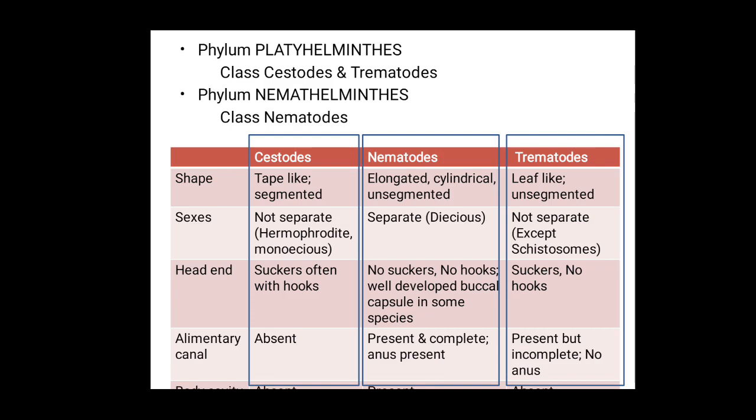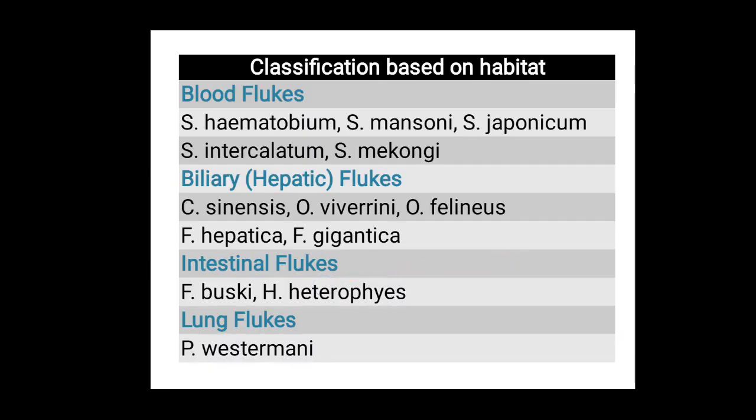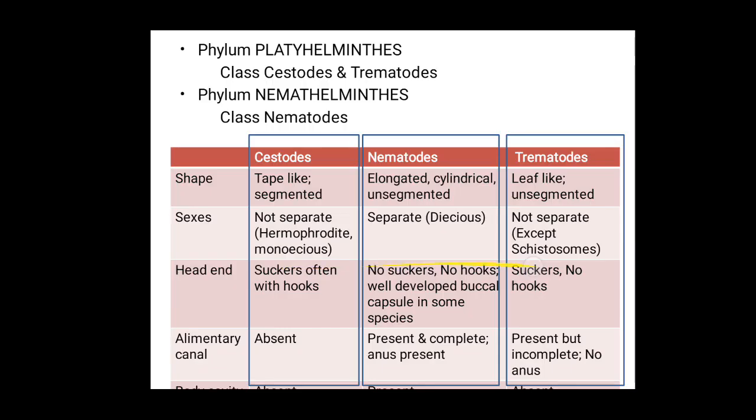They have suckers, hooks are not there, like in the case of Taenia. The alimentary canal is present but incomplete, meaning that anus is not there, and body cavity is not there in the case of the trematodes. So this is about the cestodes, nematodes and the trematodes class.